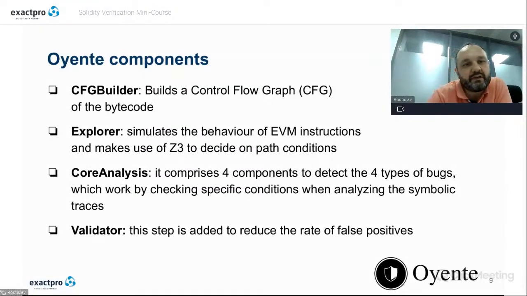Then the second stage simulates the behavior of the instructions of this bytecode and uses the Z3 prover to analyze the path conditions. Once you get these path conditions, you can check for these 4 types of bugs.